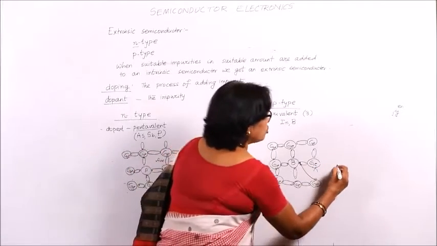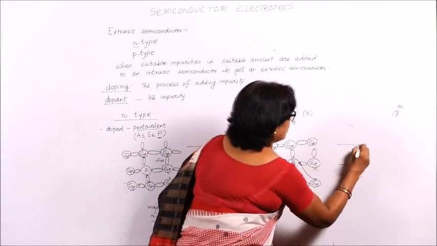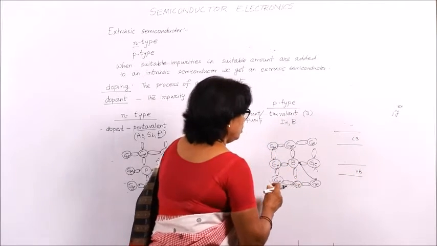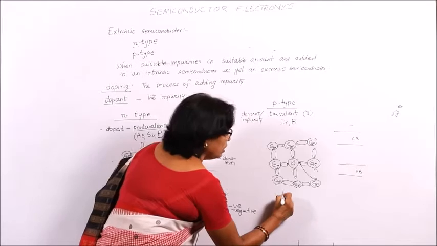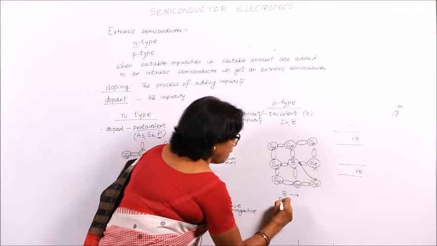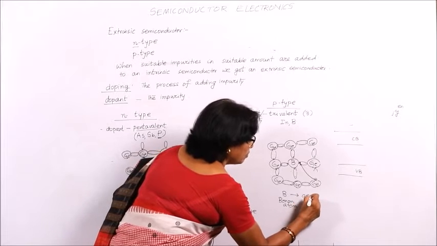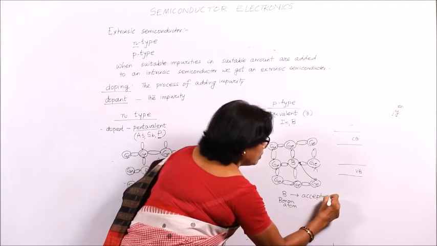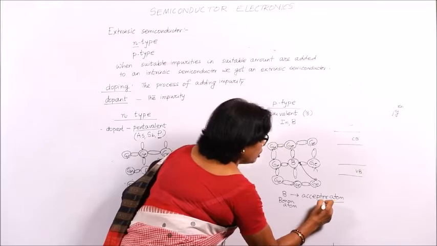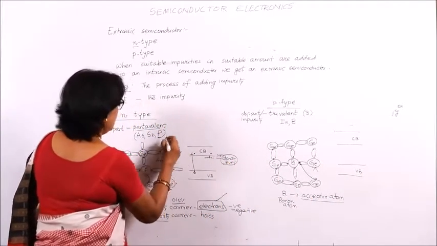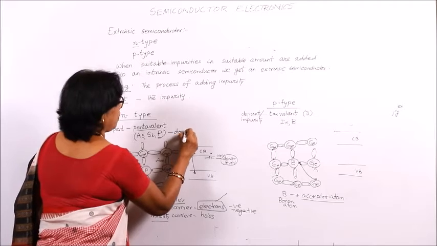So in the band structure, this is my conduction band, this is the valence band, and the boron atom here is an acceptor atom. In the case of the N-type semiconductor, the impurity was a donor atom.